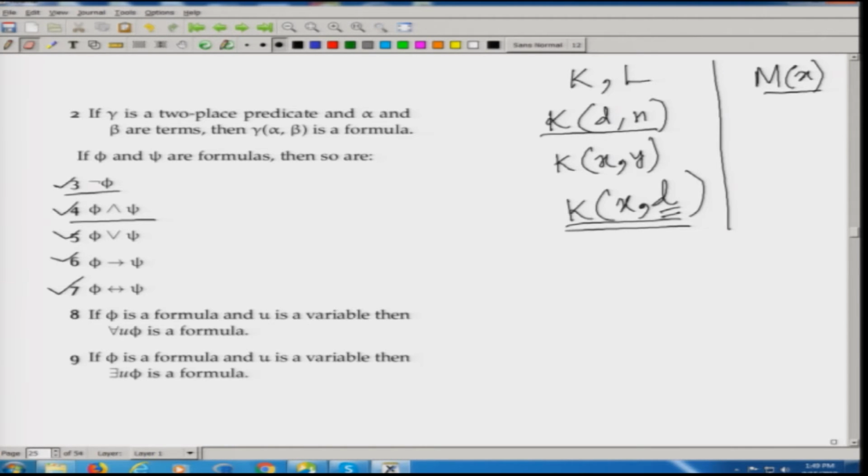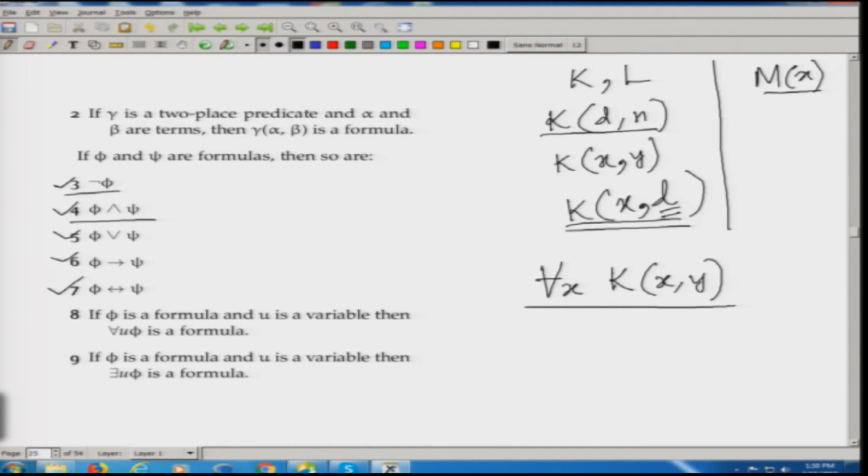So I construct a formula by using it. Suppose I construct k x y. If this is a formula, then I can all the time use it, if u is a variable. So x is a variable, this is a formula then.